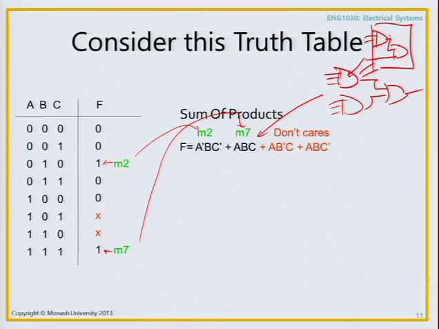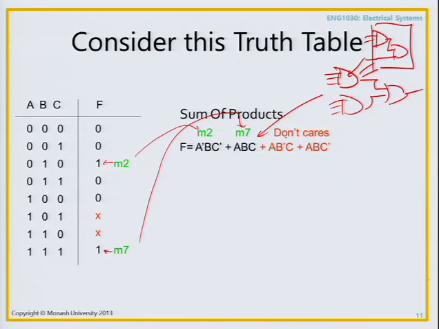So the more inputs you have to a particular gate, the more logic you require. So it's best if we can minimize the number of inputs as well as the number of individual gates between stages. And that's where these don't cares come in.